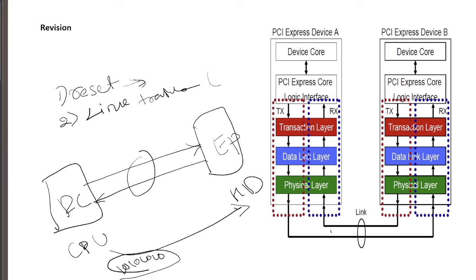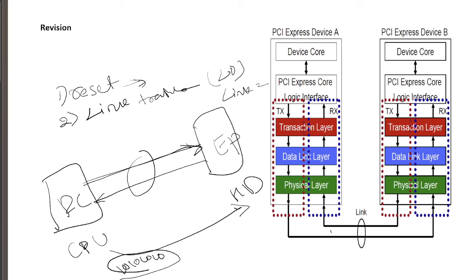In link training we have the L0 state. Once the FSM reaches the L0 state, the link is activated, meaning the link is connected from RC to EP. L0 is the only state where we can send the actual data, which we call link up.